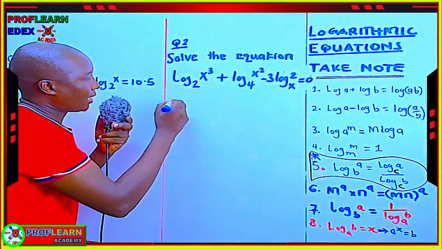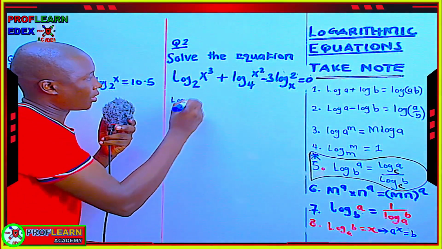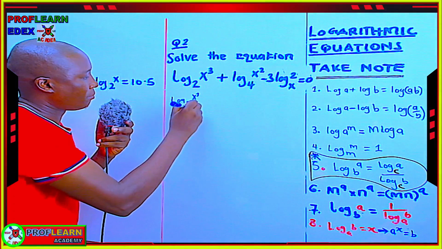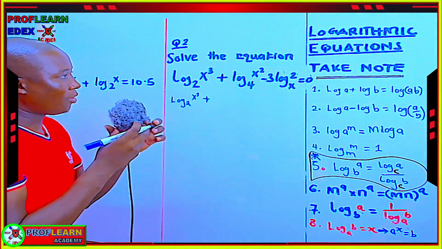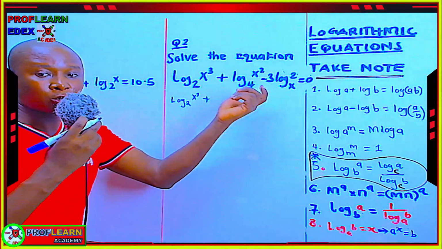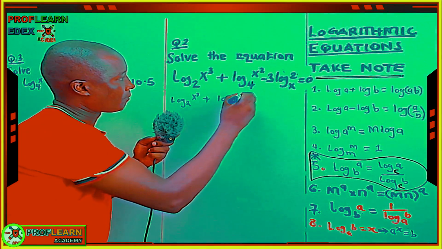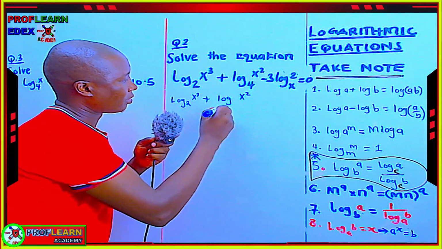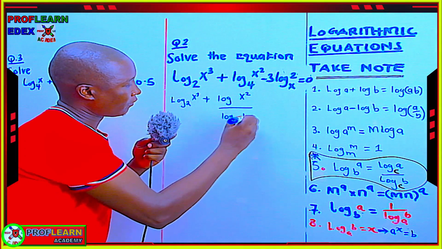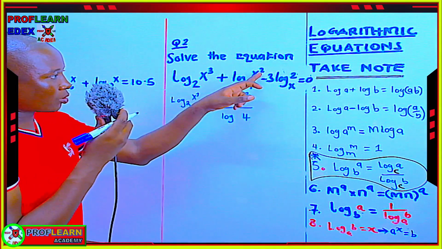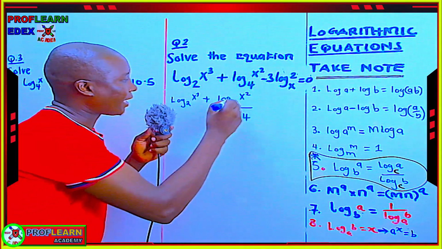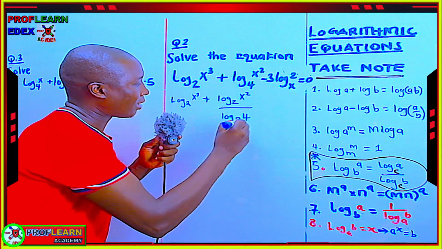I'm going to say this is going to be log x power 3 base 2 plus, and how am I going to express this to base 2? I'm going to say this is going to be log x squared over log 4, log x squared over 4, then I introduce the base I want.